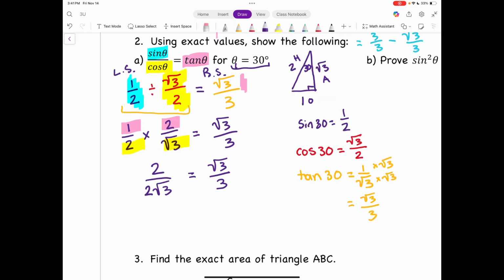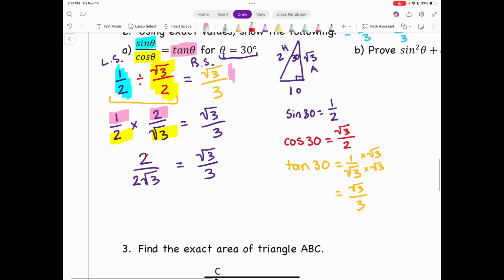We can go ahead and simplify this. The 2 cancels out with the 2. 1 over the square root of 3. And now because I don't like the square root in our denominator, I'm going to multiply the numerator and denominator by the square root of 3. And look what I end up with. 1 times the square root of 3 is the square root of 3. And the square root of 3 times the square root of 3 is 3. So I just proved that my left side equals my right side.